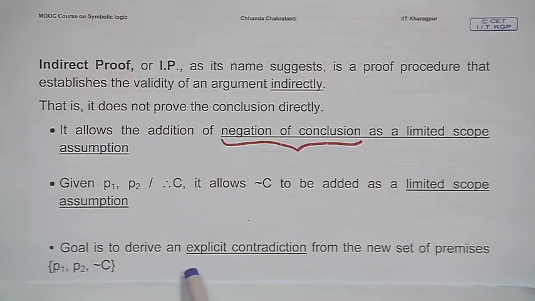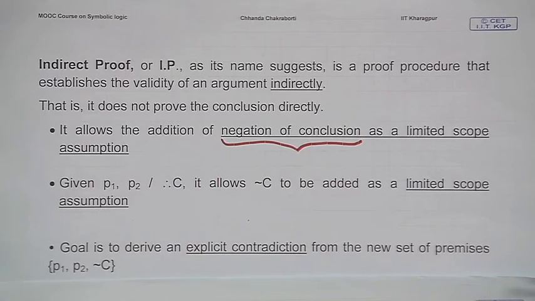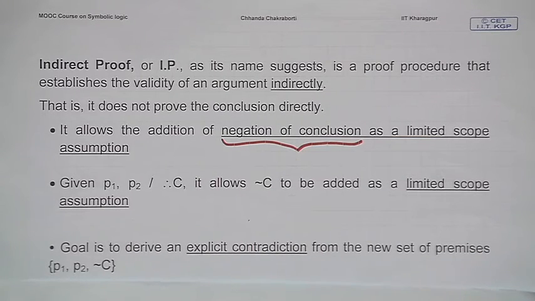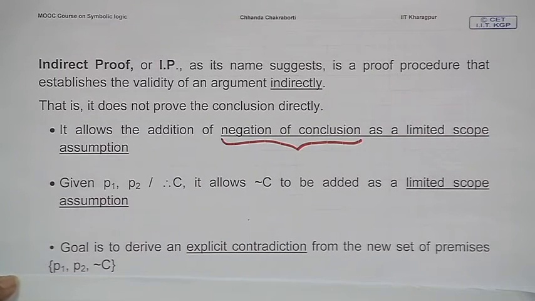In this case, the goal is this explicit contradiction. Once you have arrived at the explicit contradiction, your job is to drop the original assumption, namely not-C. That was the beginning assumption. You drop it and then you claim, therefore, C has to follow from the premises. Get it? So this is how, indirectly, in a roundabout way, the proof procedure proves why C has to follow from the given premise set.